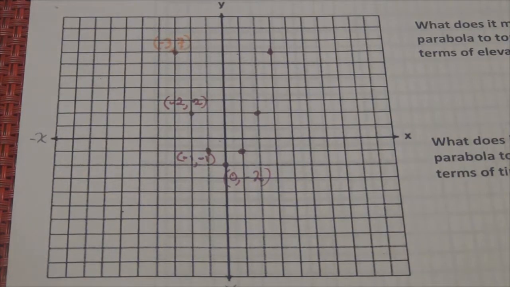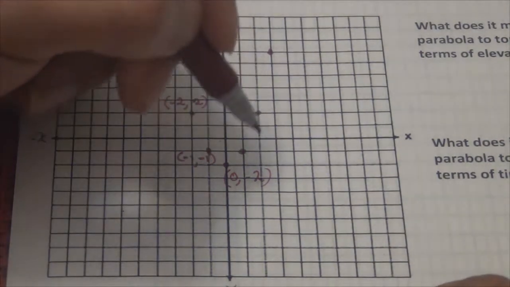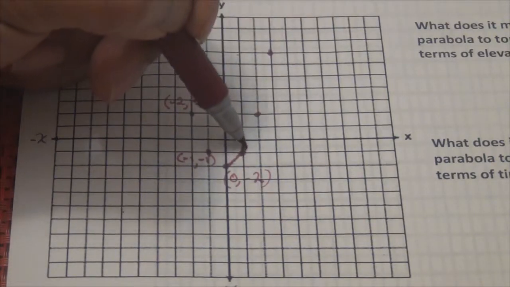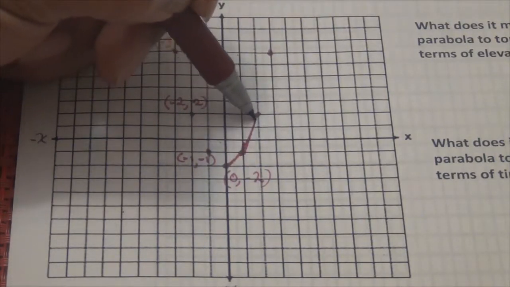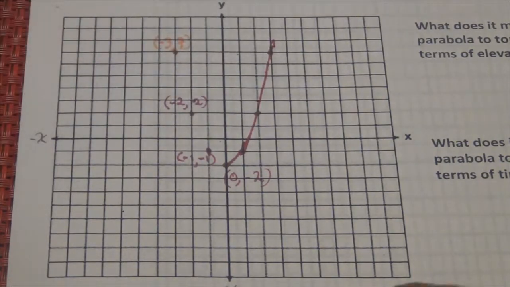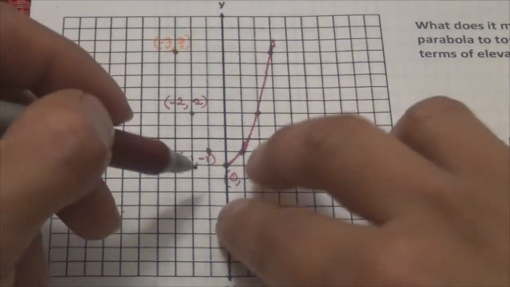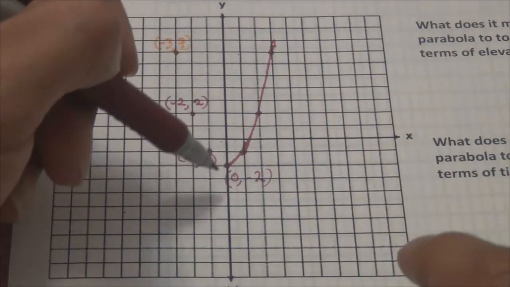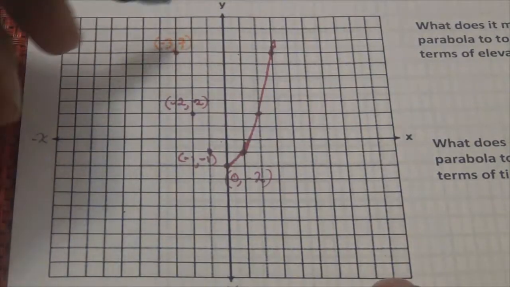All right. And now to trace your graph. It doesn't have to be perfect. It won't be perfect. But we could try. See that? I'm not tracing it with a straight ruler because the graph is not made of straight intervals. It's a curve.